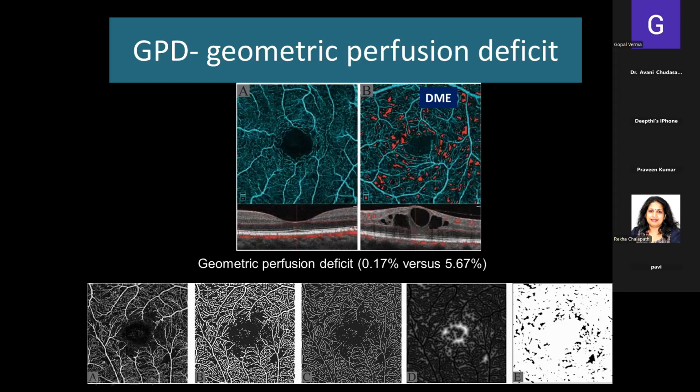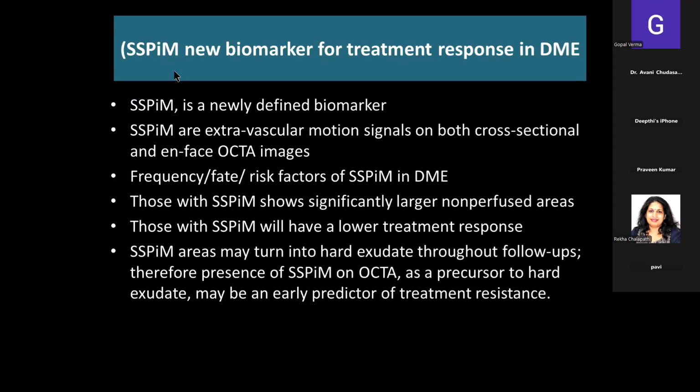One important thing described in OCTA is known as SSPIM. What is this? This is a suspended scattering particle in motion. What does it indicate? These are extravascular motion signals seen in both OCTA images. Those with SSPIM show significantly larger non-perfused areas in diabetic retinopathy, and they tend to have a lower treatment response compared to normal patients.